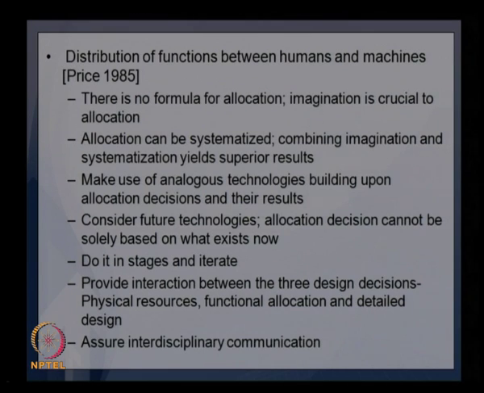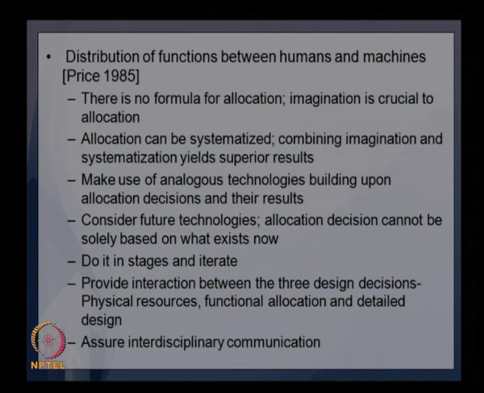So, we need to provide sufficient interaction between these three stages. Whatever allocation we are doing, we should look at the physical resources available and the detailed design strategies or design requirements, and we should provide sufficient interaction between all three in order to make sure that we have a good system, or a perfect system, at the end of all these three design decisions. That is providing interaction between the design stages.